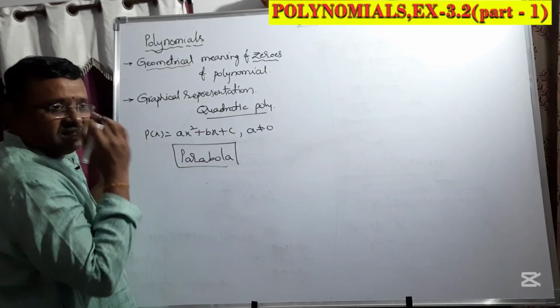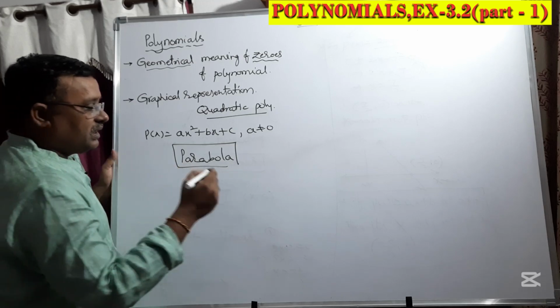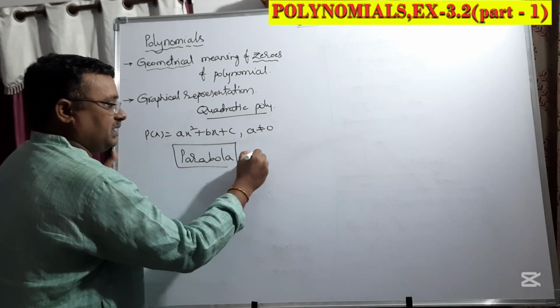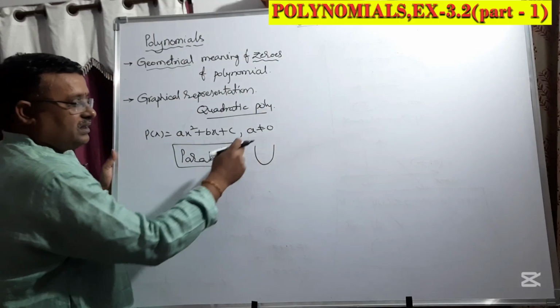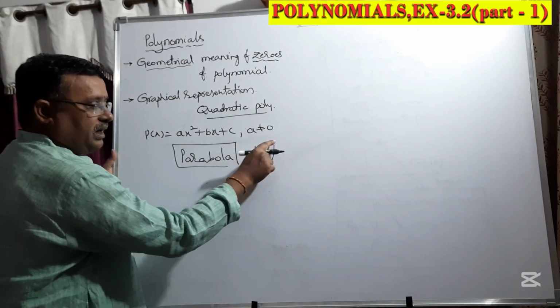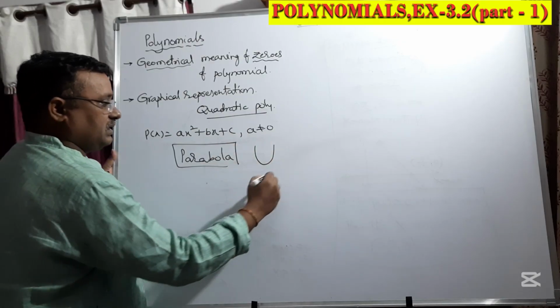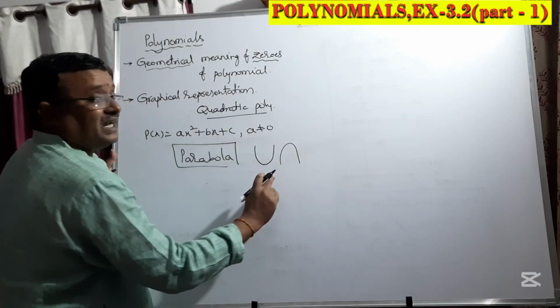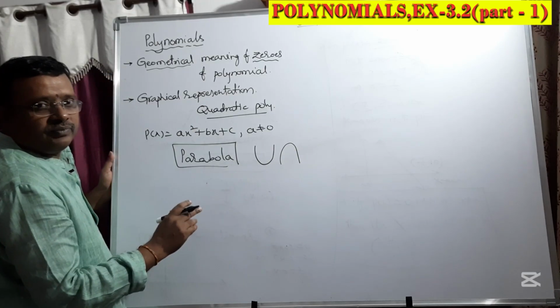Parabola means what? Exactly a U shape, the English capital letter U. This is called an open upwards parabola. Another condition is the reverse U shape, called an open downwards parabola.